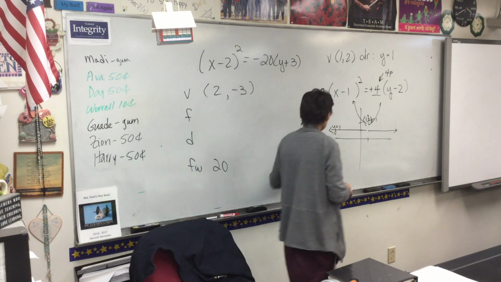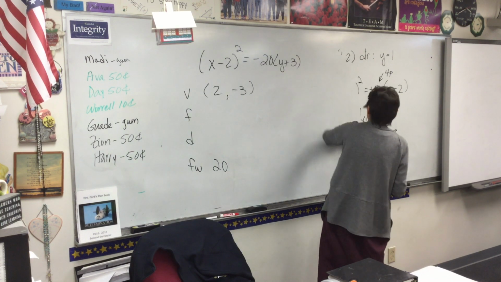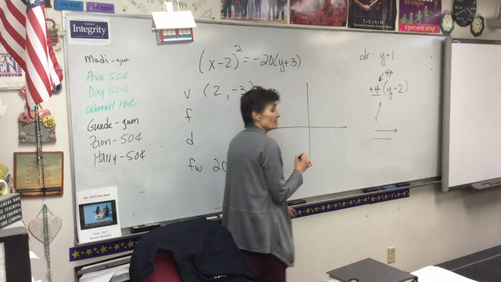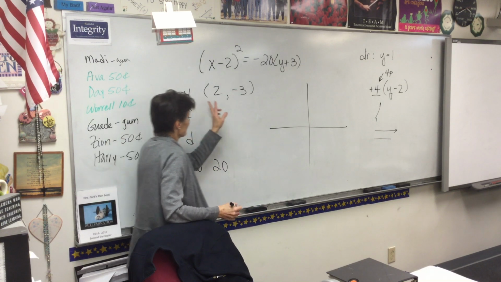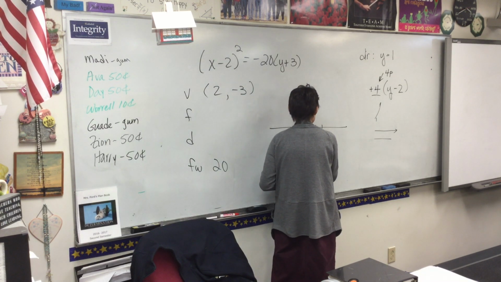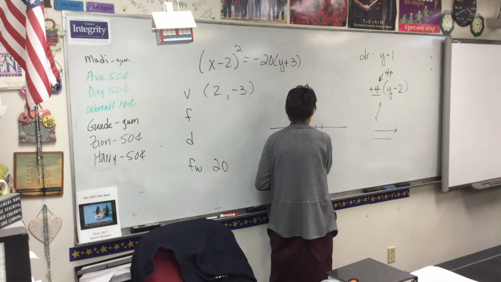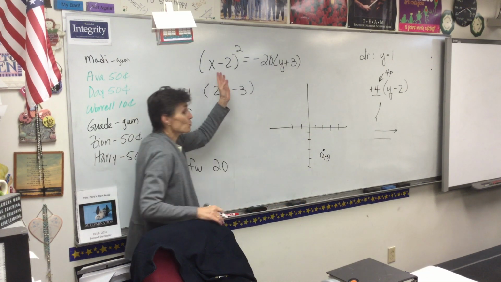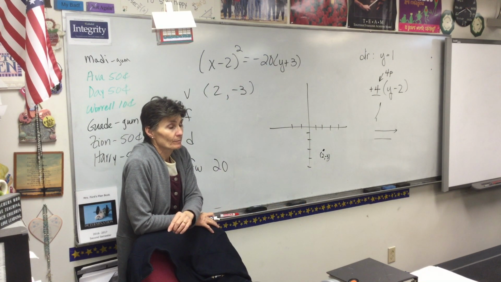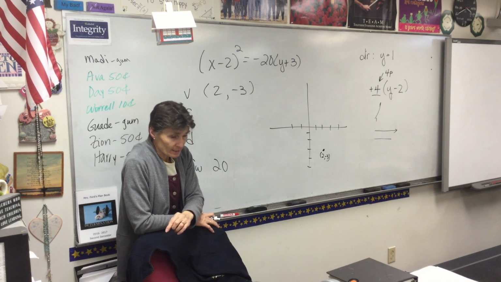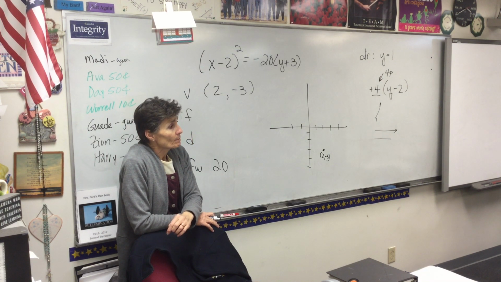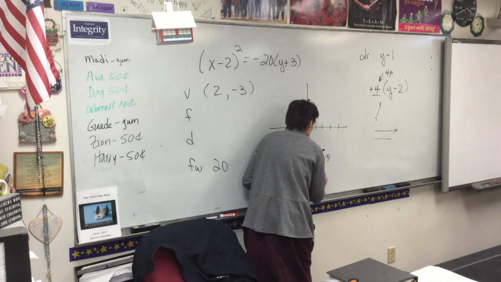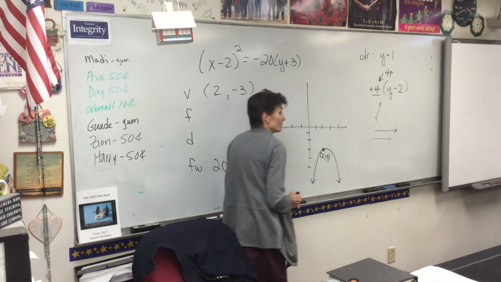Now, to get the focus and the directrix, you don't have to draw a picture, but I surely think it helps. The vertex is at (2, negative 3). Which way do I open? Down. I know I open down because I'm x squared and negative. So this is what my parabola looks like.